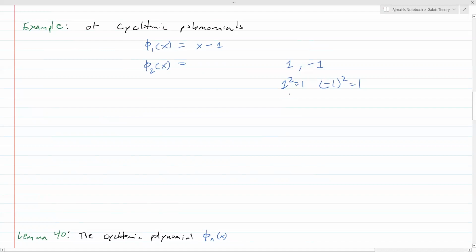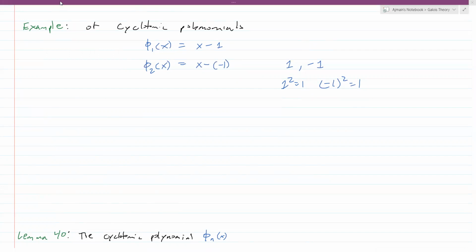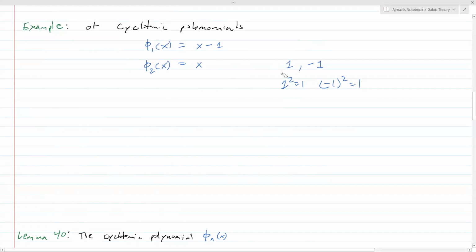But 1 is not a primitive second root of unity because 1 is already a first root of unity. So minus 1 is the only primitive second root of unity. So here we're doing x minus the minus 1, and in other words, this polynomial is x plus 1.